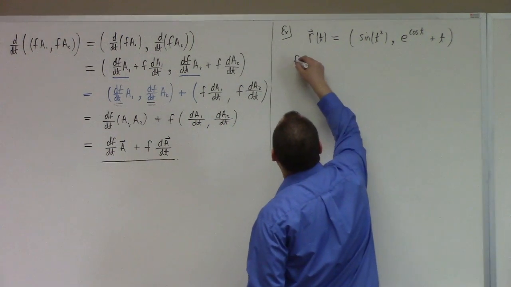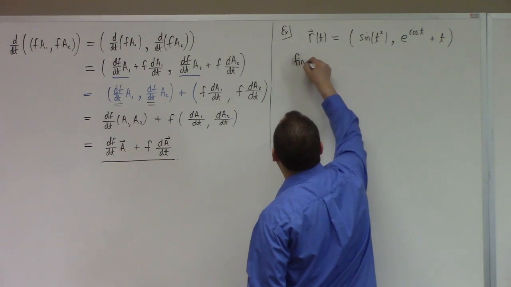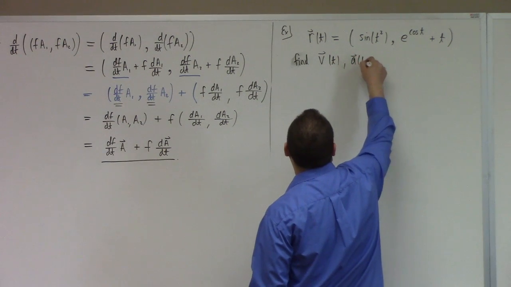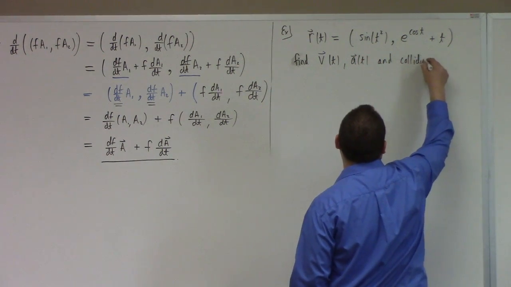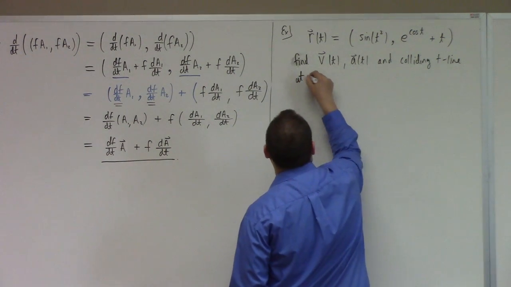Here's the question: find the velocity, acceleration, and tangent line at time equals what?